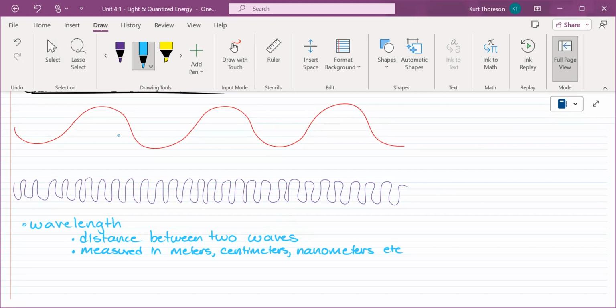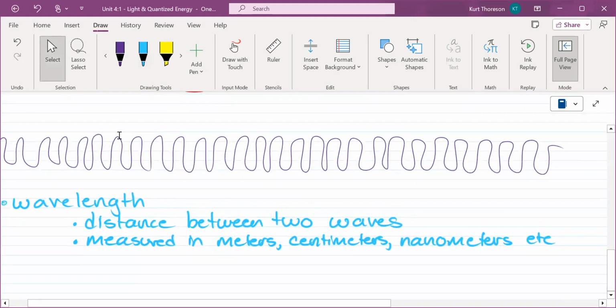All right, let's see if y'all can impress me. We're in Unit 4. I'm going to ask you a Unit 1 question. Impress me. A centimeter. Is that bigger than a meter or smaller than a meter? How much smaller? 1/100th. Okay. Nanometer. Is that bigger than a meter or smaller than a meter?